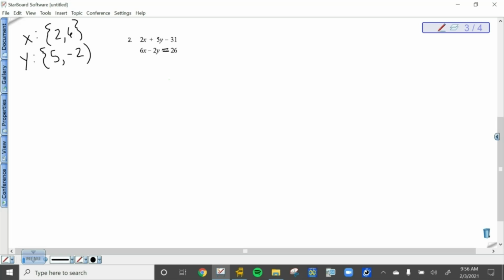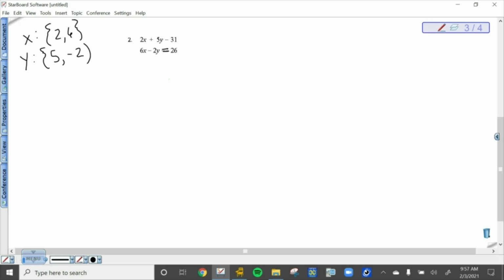Okay. So are either of these pairs additive inverses? No. So what do we need to do? Refer back to the steps we wrote down yesterday. So it says, if necessary, multiply the equations until a variable's coefficient set is equal with opposite signs.